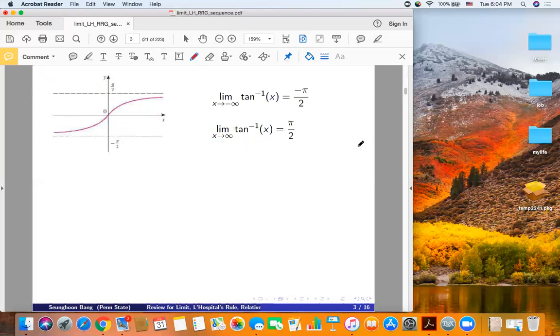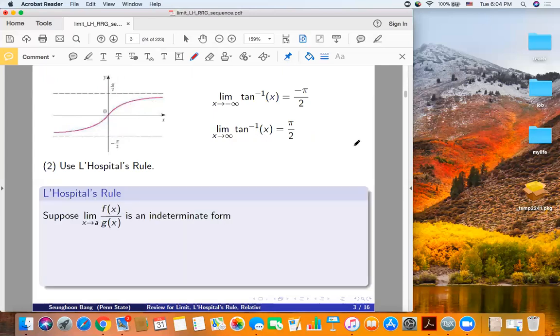So we have another method, L'Hopital's rule. What is L'Hopital's rule? Suppose the limit of f of x over g of x as x value approaches a has 0 over 0 form or infinity over infinity form. How can you calculate?